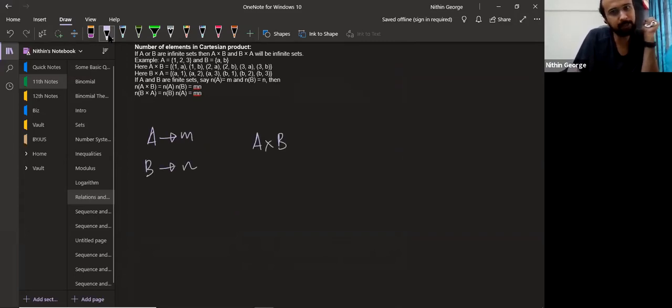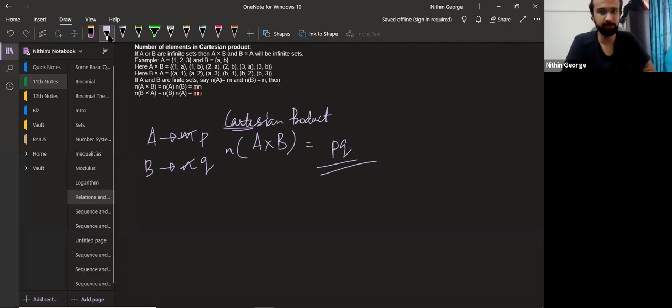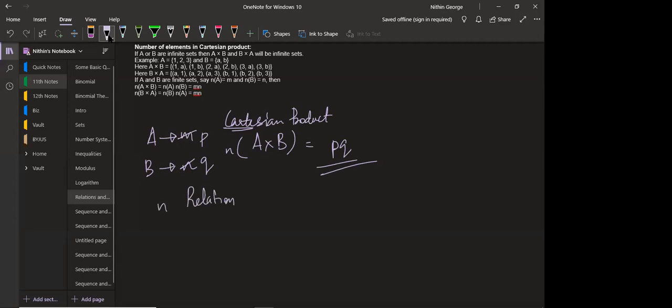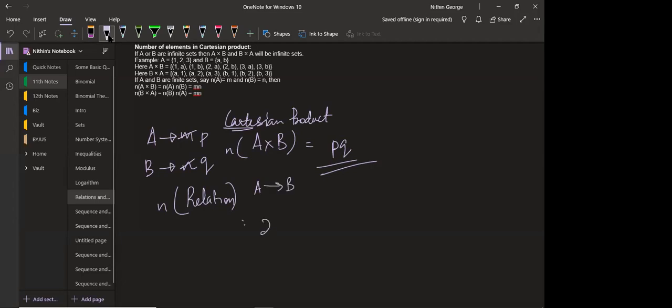A cross B is the Cartesian product, and this will have p into q elements. So the number of relations that can be drawn from A to B will be what? 2 power pq.